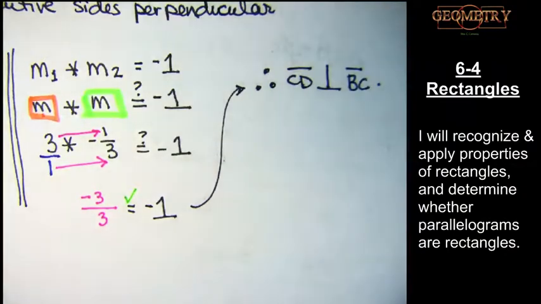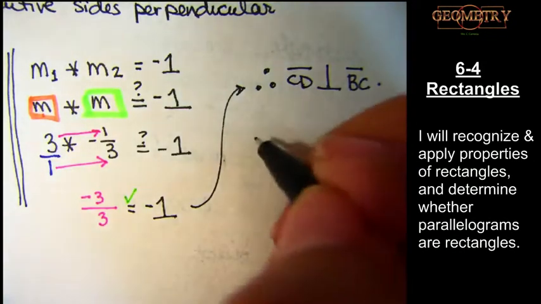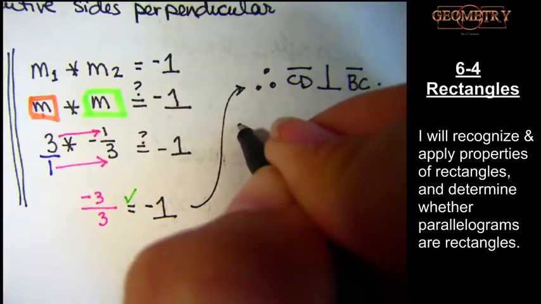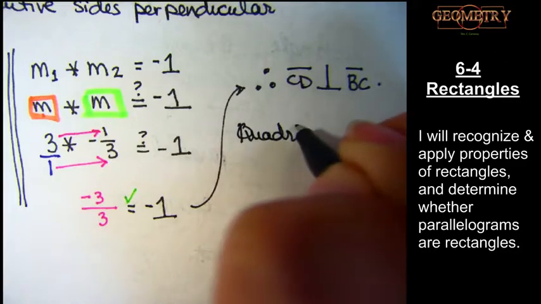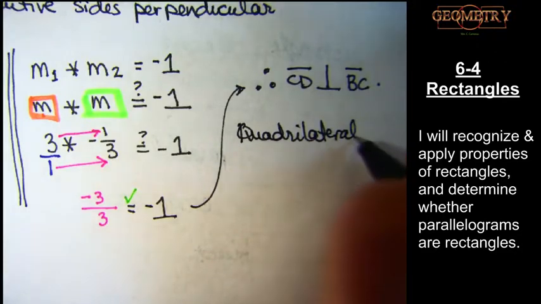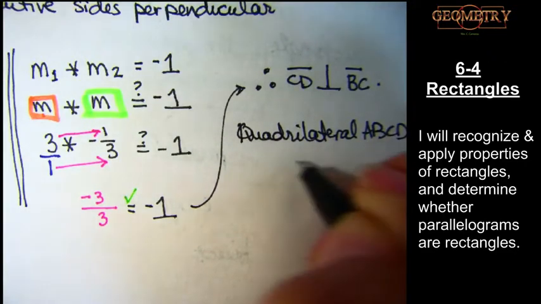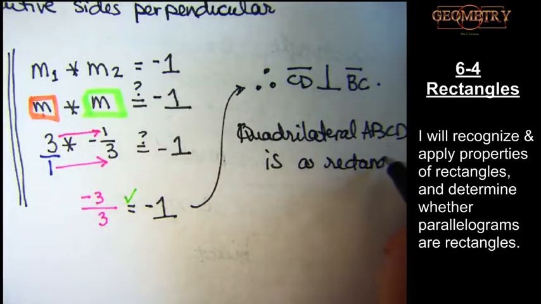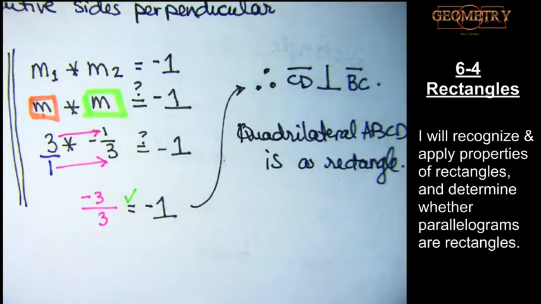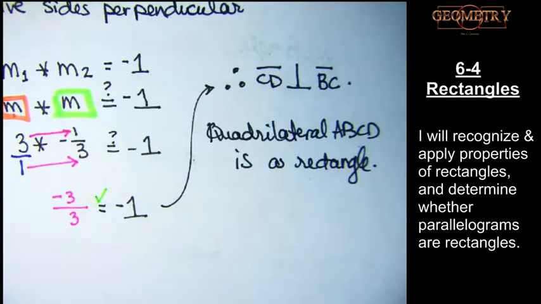This, along with opposite sides being parallel, tells us that the quadrilateral ABCD is in fact a rectangle. And now that we know he's a rectangle, he gets allowed in and he can party and have a good time.